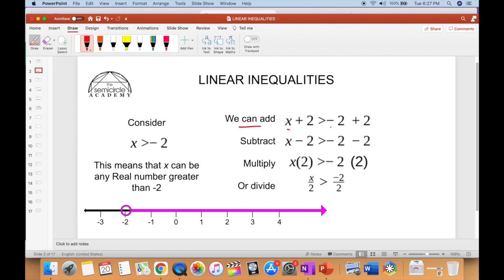So I have the x, I have the -2, and I add 2 to both sides, and it doesn't change anything. Yeah? I could subtract. So I have the x and I have the -2, and I subtract 2 from both sides, and it doesn't do anything. The sign stays normal. The greater than, it's still greater than.